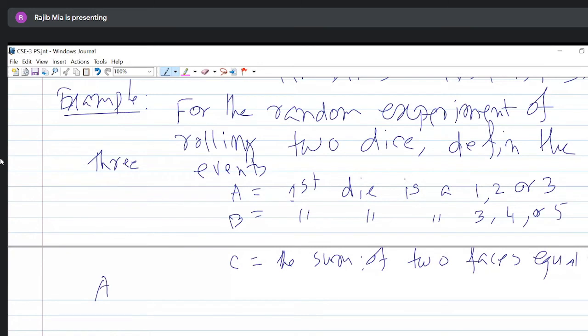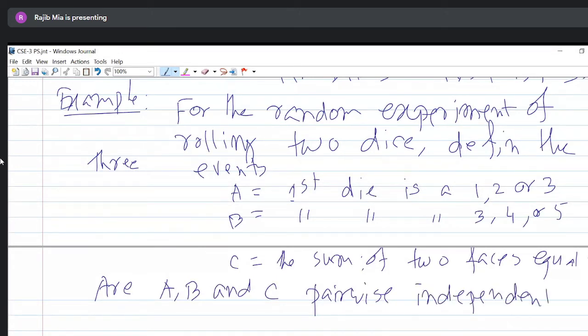So now we have to check: are these three events A, B, and C pairwise independent?